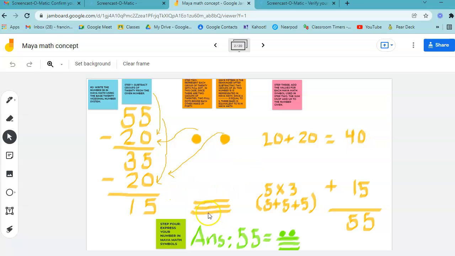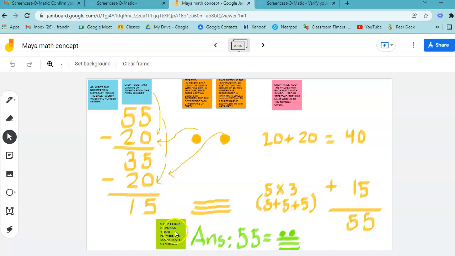At the bottom, we have the 3 horizontal bars, which is equal to 5 plus 5 plus 5, or 5 times 3. When we add 40 plus 15, that gives us a sum of 55.